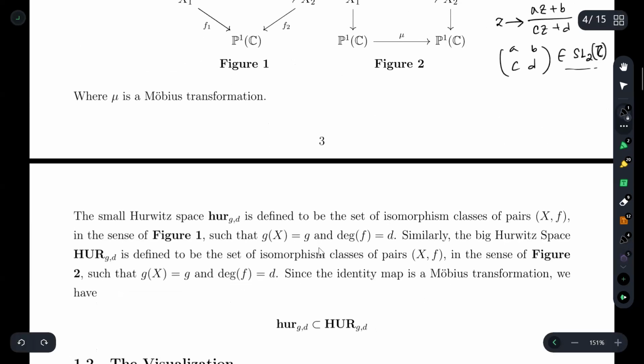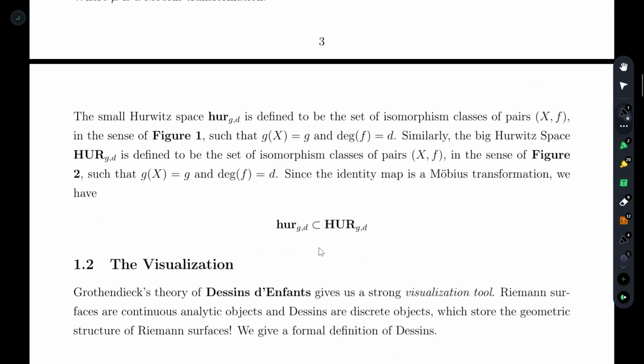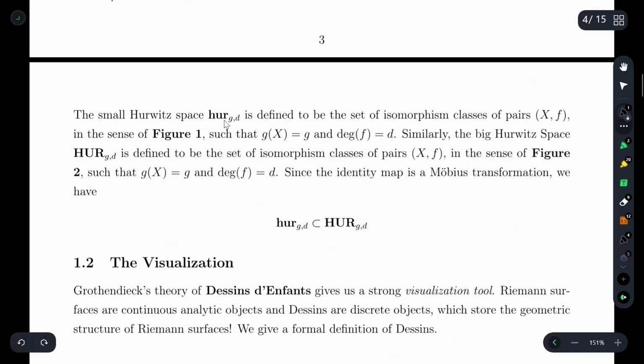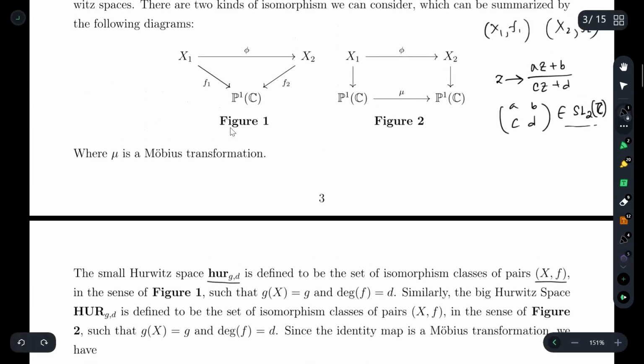Based on these two definitions, we have two notions of Hurwitz spaces. Let's say the small Hurwitz space, sometimes denoted by this symbol, is defined to be the isomorphism classes of pairs in the first sense, that means in the sense of this figure, where X has genus g and the map has degree d.